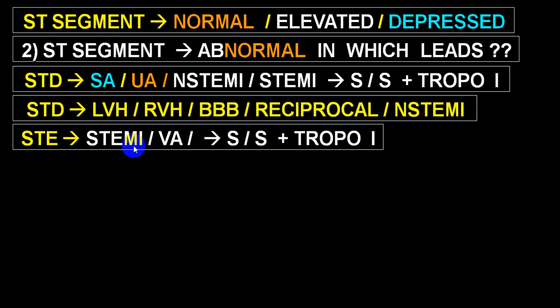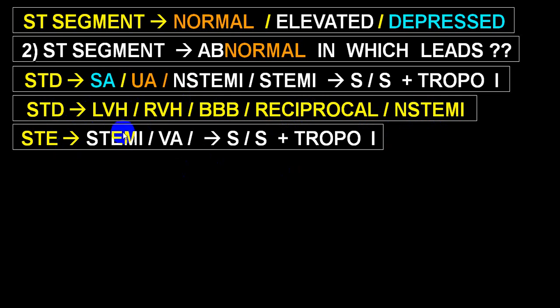Very useful finding: if you get an ST depression with LVH criteria or RVH criteria or bundle branch block criteria, it is secondary changes. But if there is an ST depression in reciprocal leads, it is reciprocal ST depression. And if it persists with troponin elevation, it is non-STEMI.